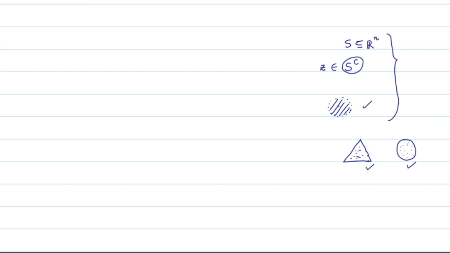By a convex set in Rn, we mean a set S in Rn for which, whenever two points u and v are in capital S, the line segment joining u and v also entirely lies inside the set S. For instance, if we consider this triangular region or this circular region, they are convex sets.